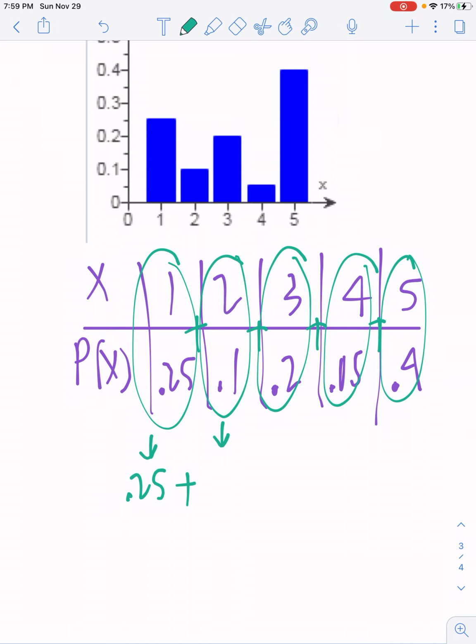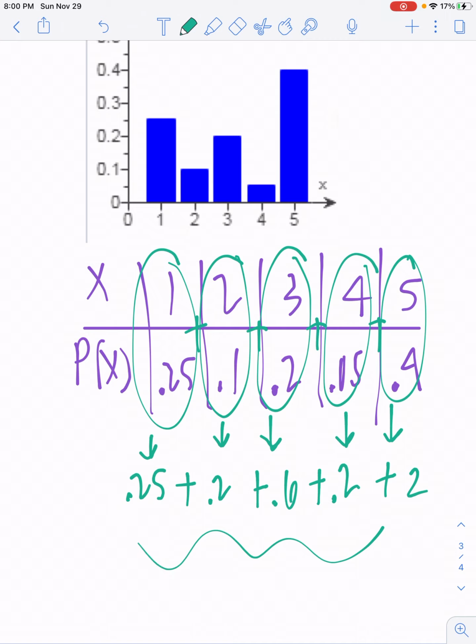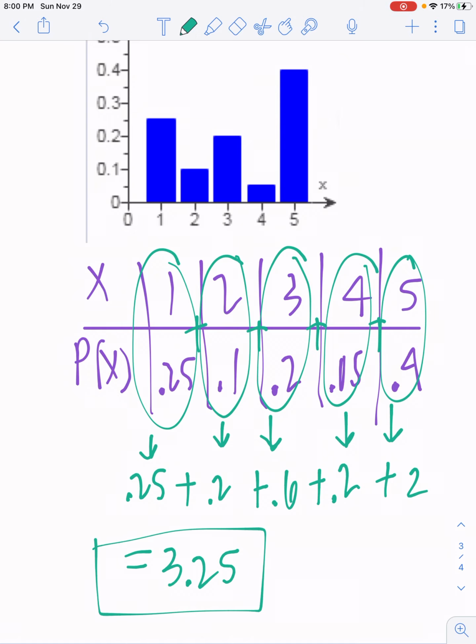Multiply these, I get 0.2. Multiply these, I get 0.6. Multiply these, I get 0.2. Multiply these, I get 2. When I add all these up, I get 3.25. So whatever it is that we were talking about here, the average is 3.25.